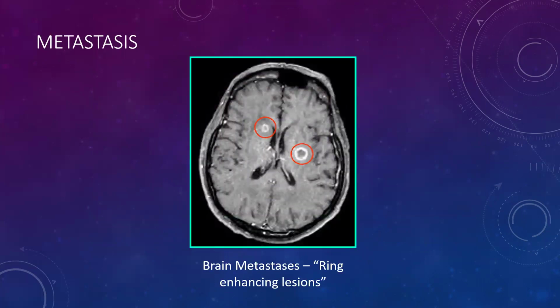And on cranial MRI, we can note that there are ring-enhancing lesions. So these ring-enhancing lesions actually show you brain metastasis.